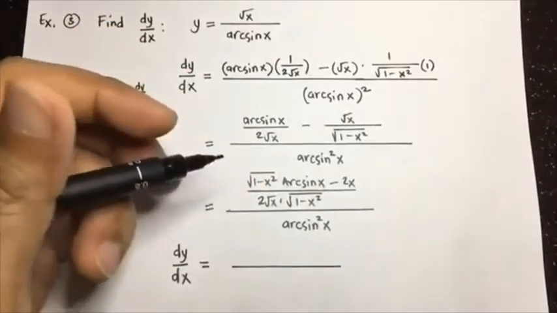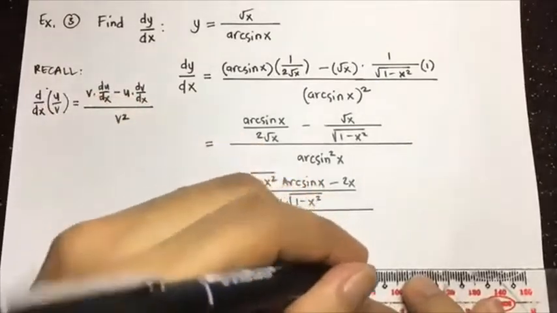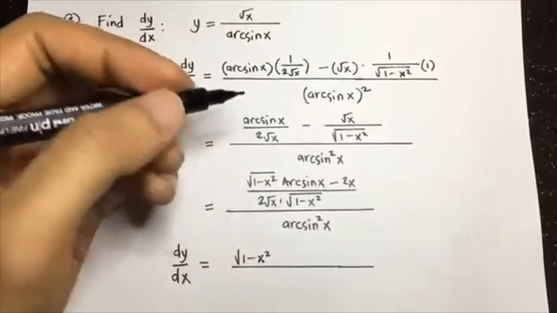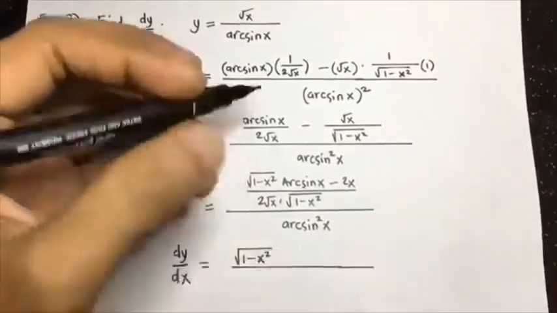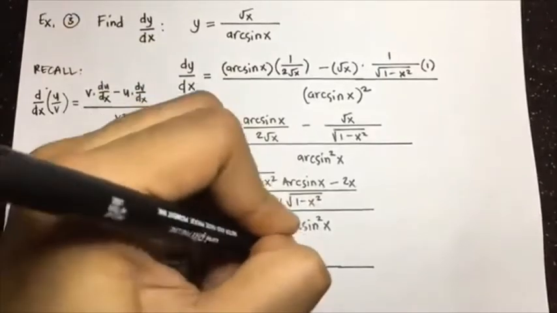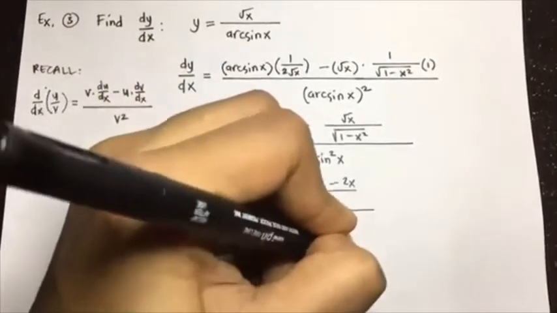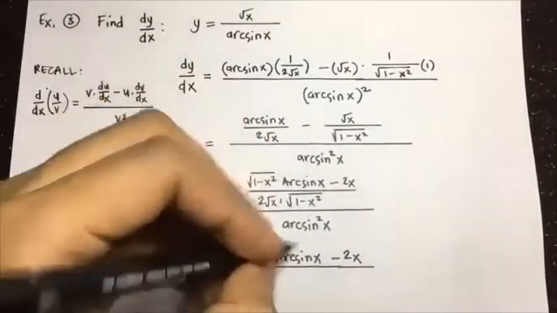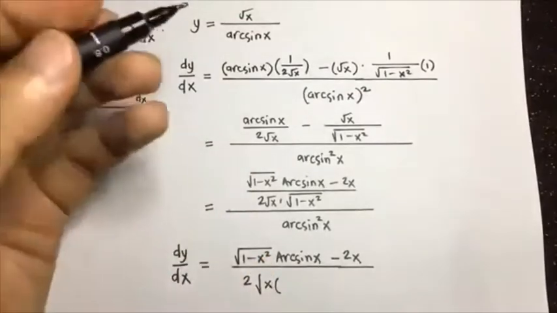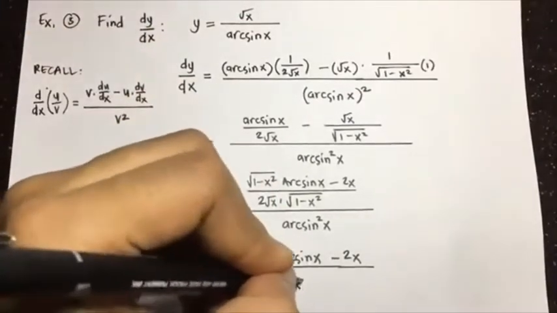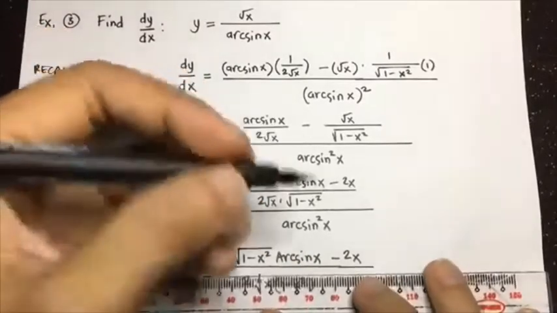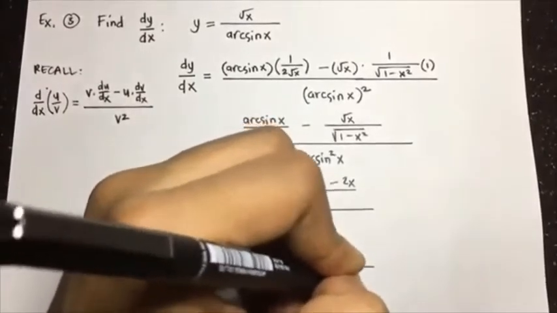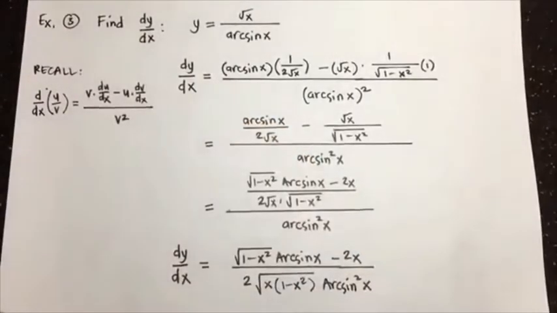this square root of 1 minus x squared arcsine x minus 2x over, so we can combine this, over 2 square root of x times 1 minus x squared, and then arcsine squared of x.